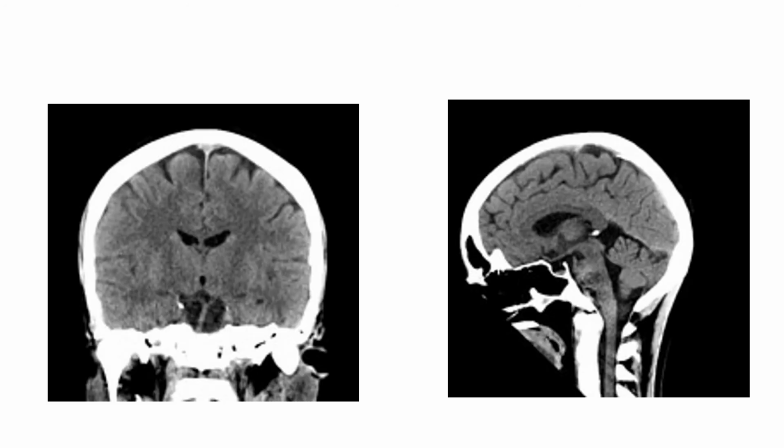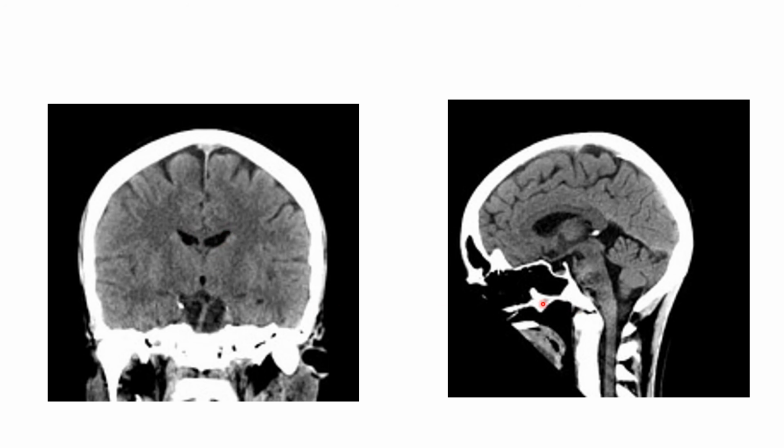This is a coronal cut, a CT coronal cut without contrast. We see no contrast in the blood vessels here or there, mainly in the gyri. This is the basilar artery with the lateral ventricles.